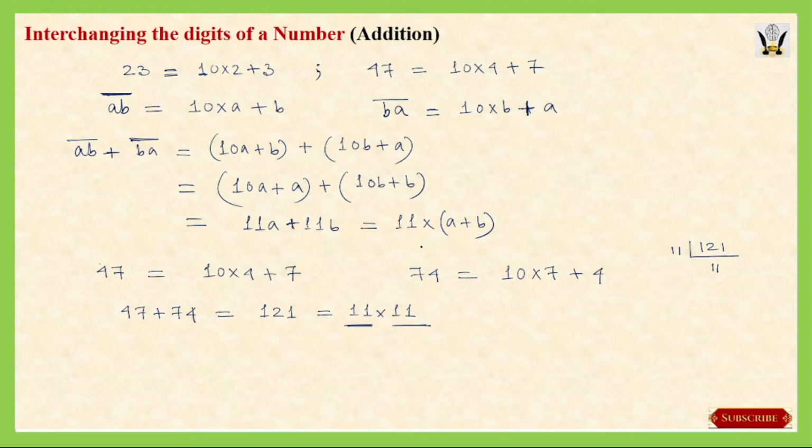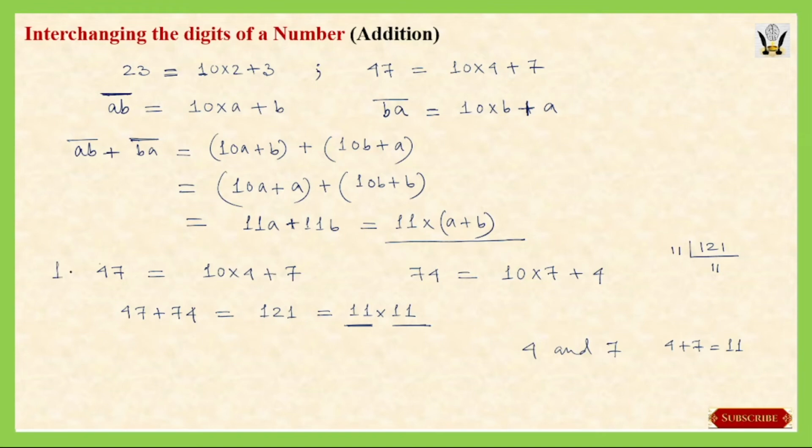And as per this rule, we have already seen that in the result of addition, one of the factors will be 11 and the other factor will be the summation of both the digits. Now here the digits are 4 and 7. So if we add these two digits, the summation will be 11, right? That means one of the factors is 11 and the other factor is the summation of both the digits. So that is 11 again.